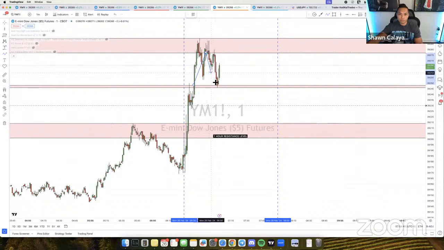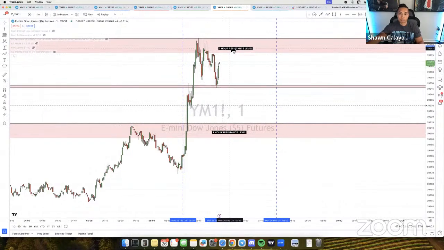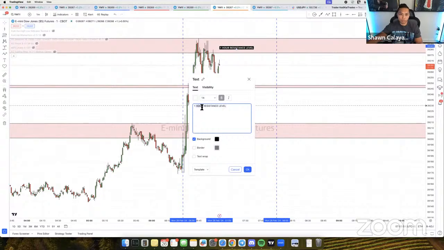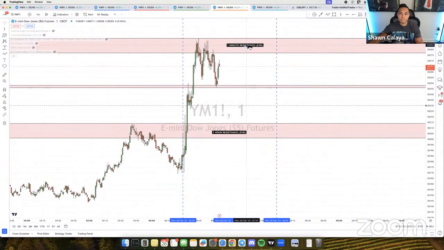It's ranging between these areas right here. This is the 1 hour resistance level. This is the 1 minute resistance level. And the 1 minute support level.